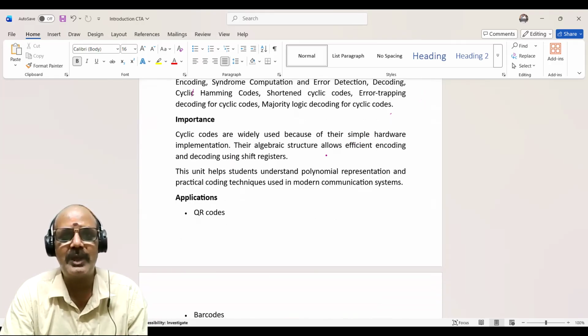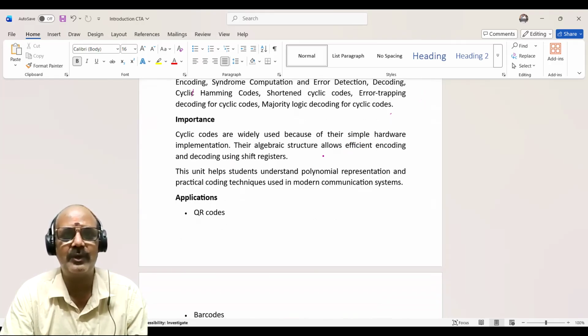In the case of block codes, matrices such as the generator matrix and parity check matrix are used to analyze the performance. As the value of n increases, the complexity is more in block codes.